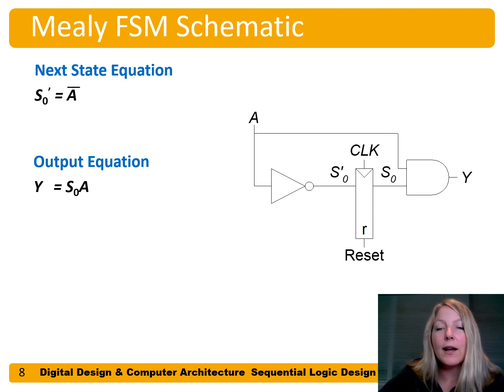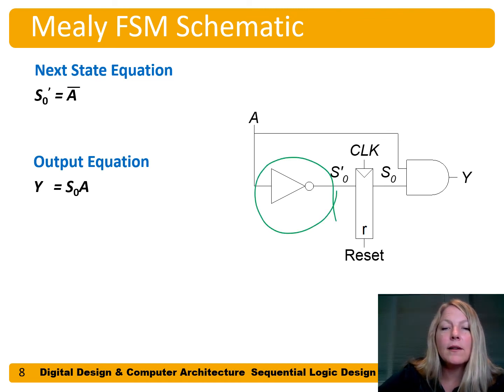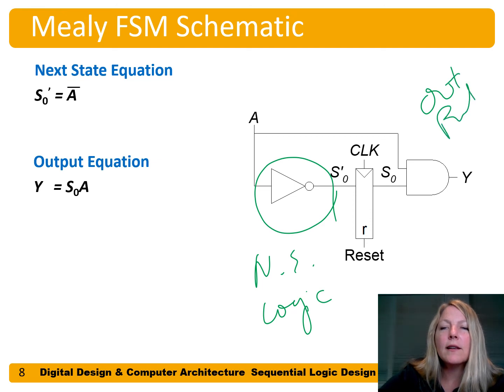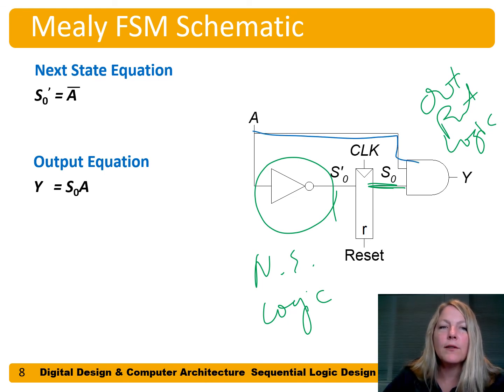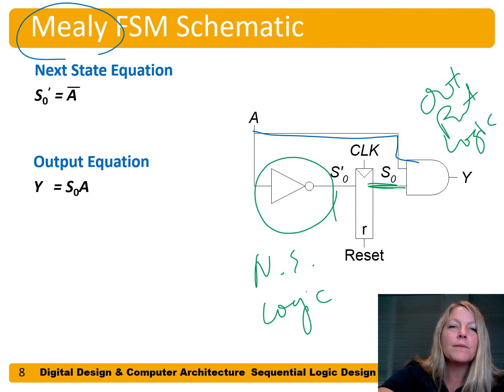And so we see that we have some next state logic. Here's our next state logic for our Mealy FSM, and our output logic. Unlike the Moore FSM, where the outputs were only determined by the current state, the output is determined by the current state and the inputs for a Mealy FSM.